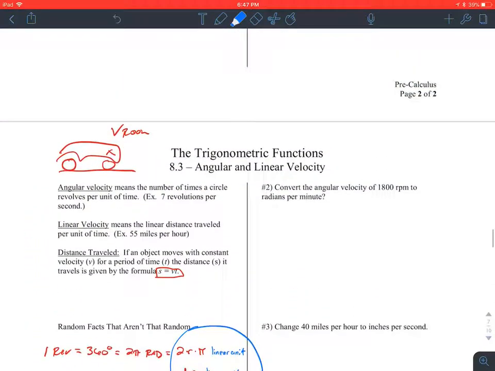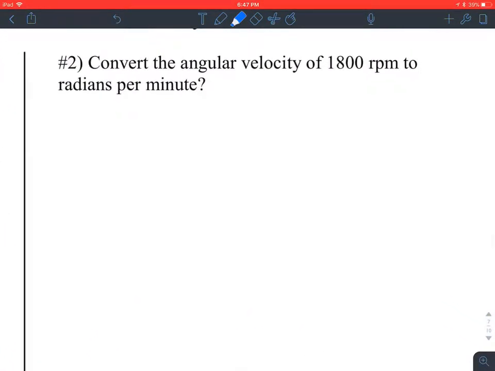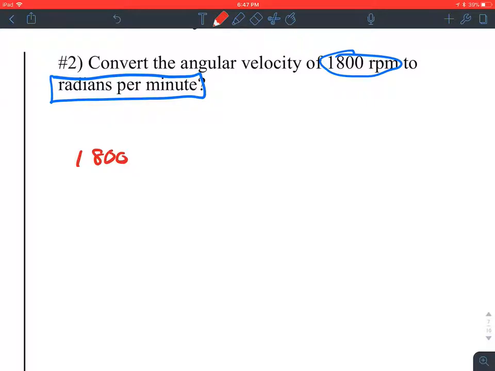Let's do another. Convert the angular velocity of 1800 revolutions per minute, RPM is revolutions per minute, to radians per minute. The directions are to change it to radians per minute. Take the rate in which you're given. We're given the rate of 1800 revolutions per 1 minute.